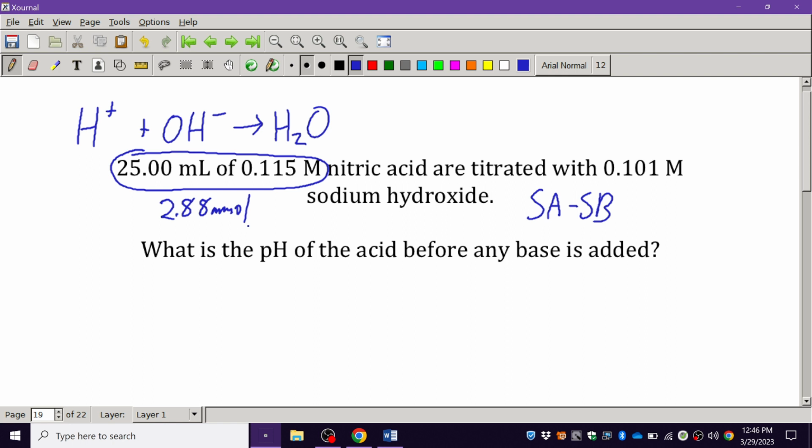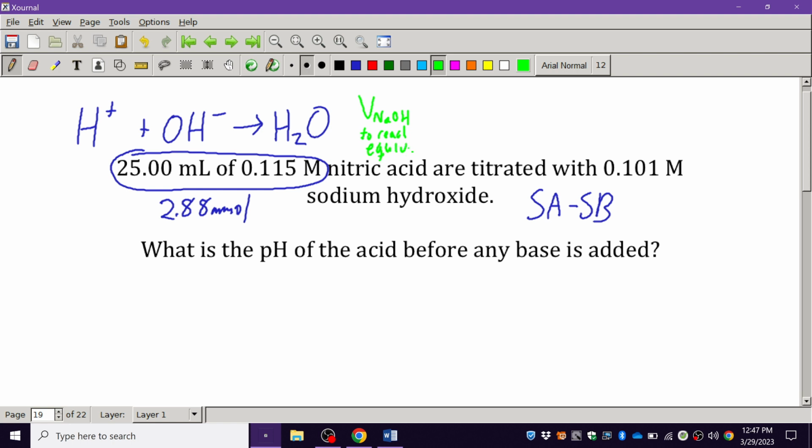Now another question we can ask, which probably isn't so relevant for this titration, but it is for others. What volume of sodium hydroxide solution is needed to reach equivalence? How do I figure that out?